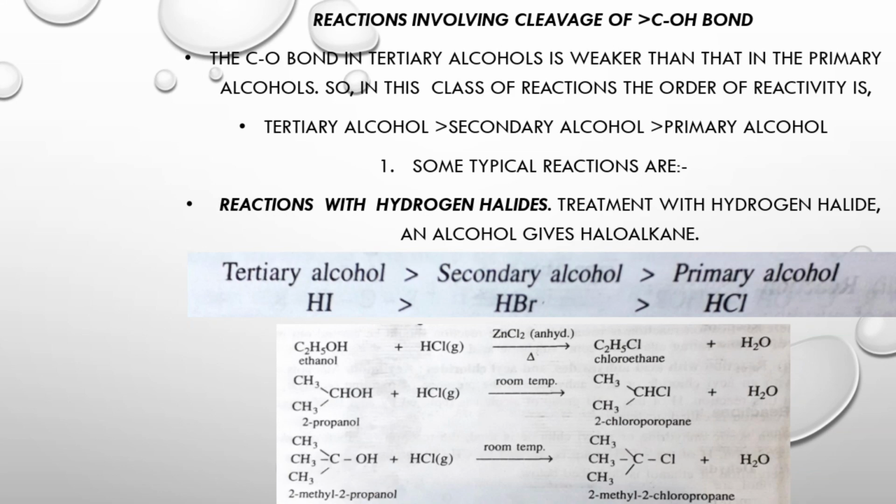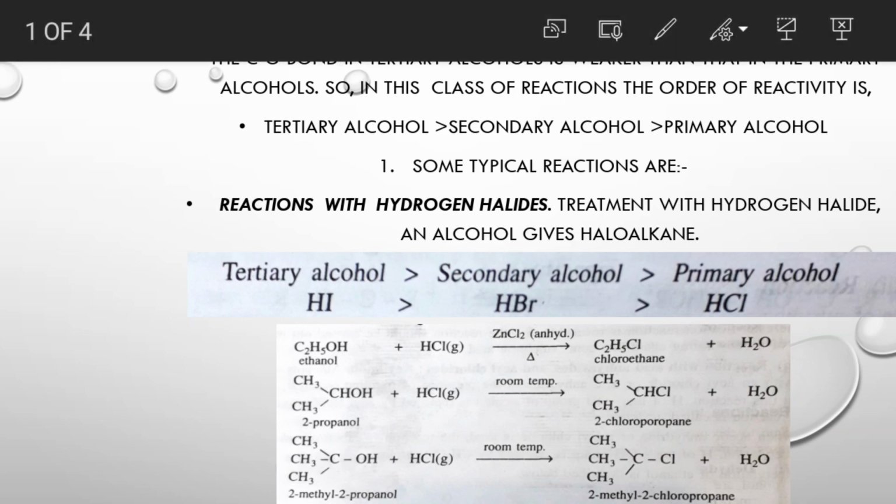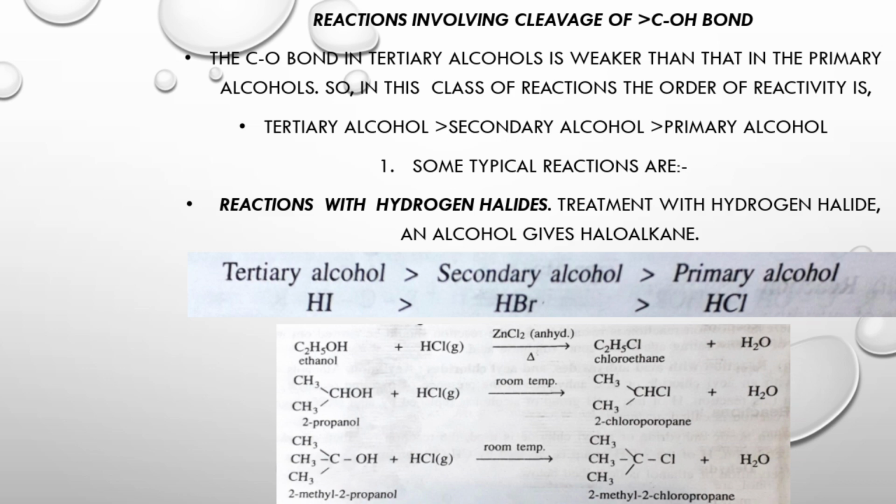Primary and secondary alcohols react with HCl in the presence of a catalyst, anhydrous zinc chloride, ZnCl2. The reaction of HCl with tertiary alcohols does not need a catalyst, and it can react at room temperature. So dear friends, ethanol gives chloroethane with HCl.